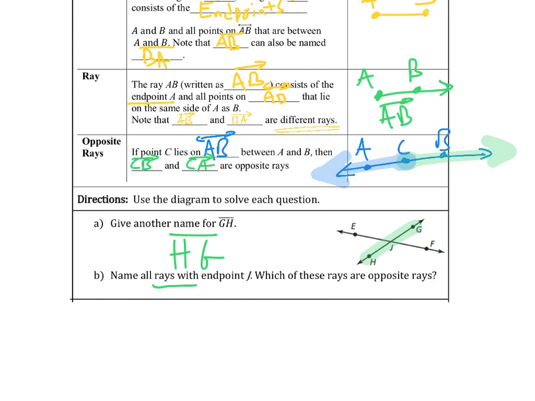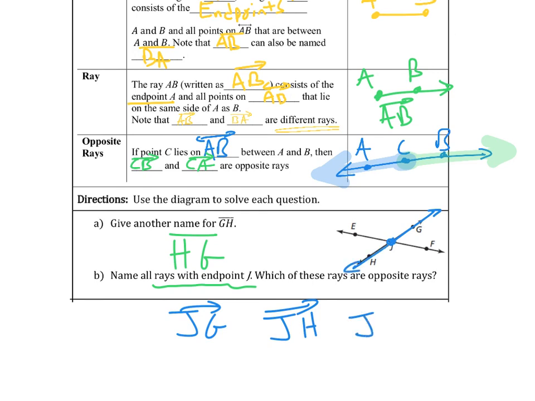Okay, now we got a whole bunch of rays that have an endpoint at J there. So if we want to name them all like this question asks us here, we've got one that goes from J to G. That's this guy. We've got one that goes from J to H. By the way, those are opposite rays.